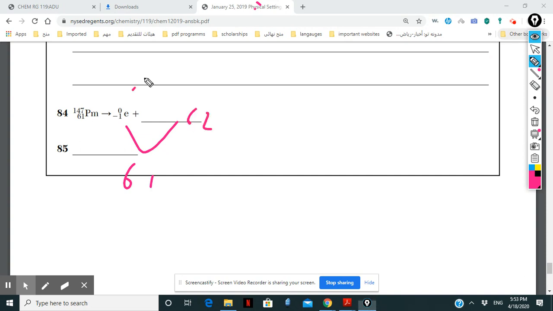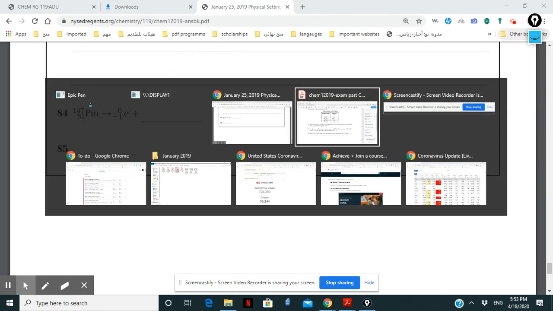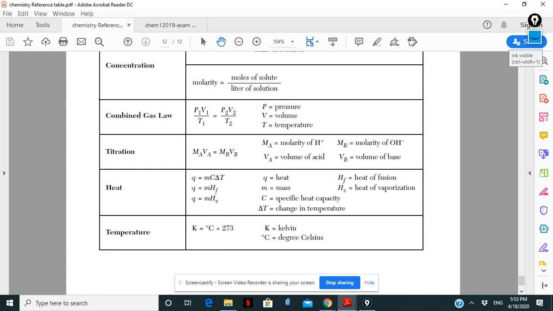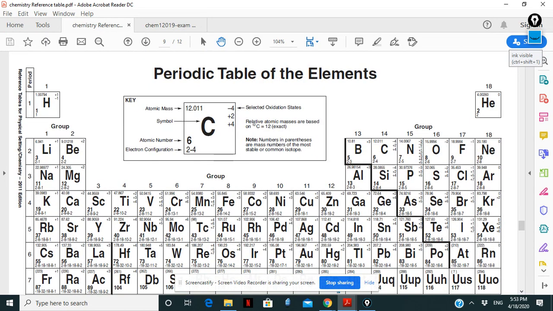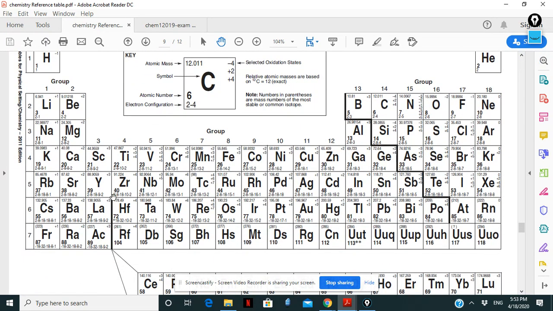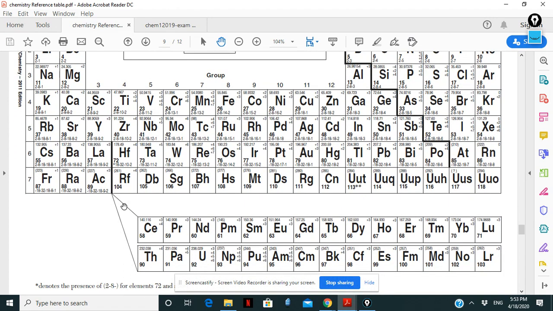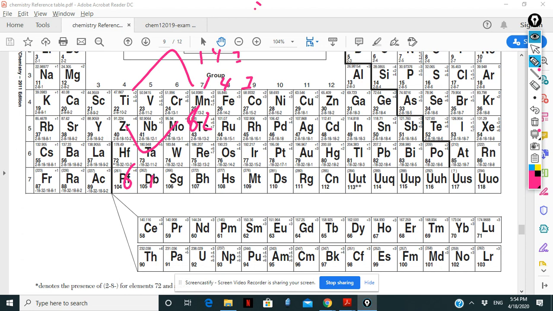Now the top should be 147. So what plus 0 gives 147? 147. Now I know that the element has atomic number 62. So I look at the reference sheet for which element has 62. It's all the way down. 62 is Sm. So that's Sm, 62, 147.